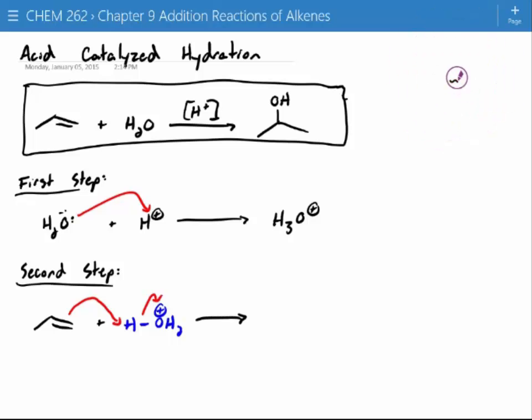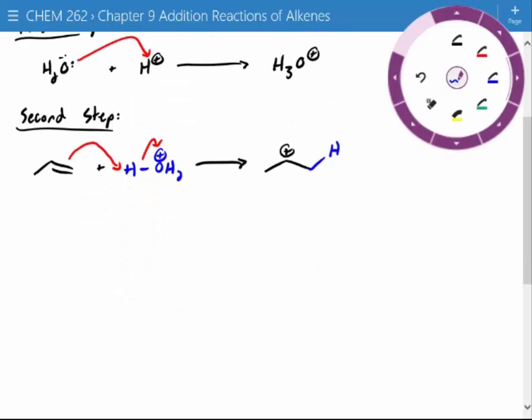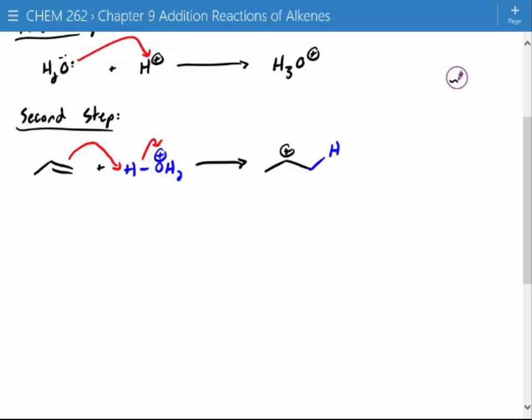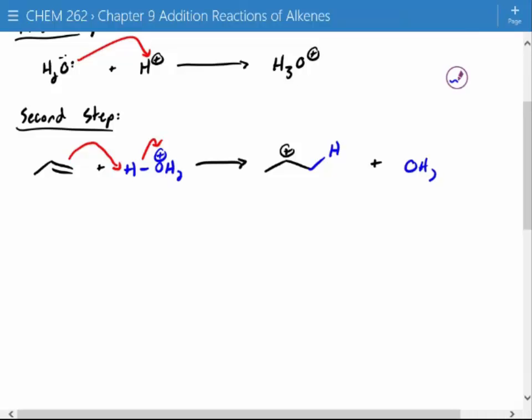We know in this case the hydrogen is going to add to the less substituted side, so we have the more stable carbocation. So in this case we've got our hydrogen over there. And we've also kicked off water, so water is going to play a very important role in this reaction. Got plus OH2.